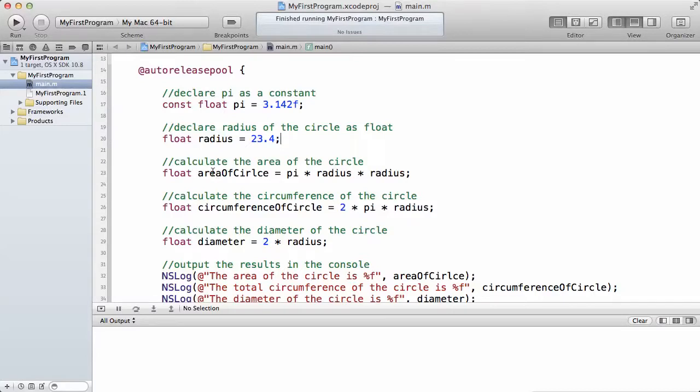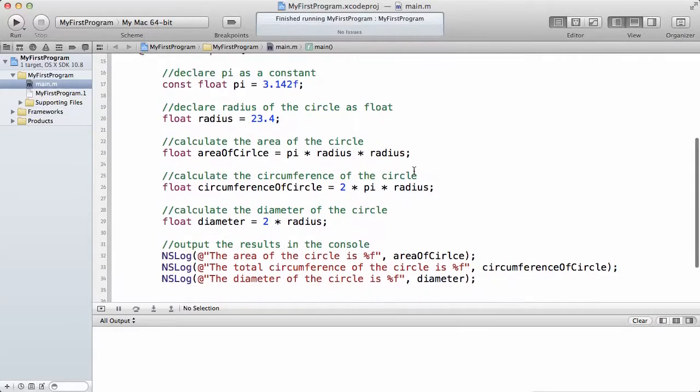If I declare, for example, an integer, which represents a whole number, then I will lose the decimal places. I don't want to do that. The area of a circle is pi multiplied by radius and multiplied by radius again. Don't forget to end it with a semicolon.